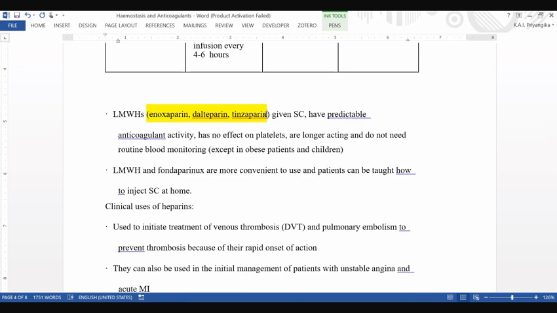You should write those first in one page, and then go to each drug and find the doses, then the contraindications and side effects. And if there are any special instructions, you should write that. Are you all clear?